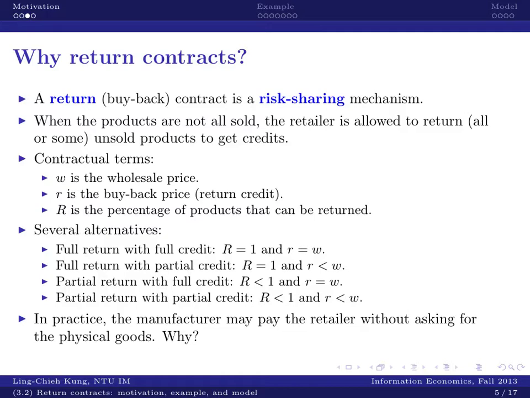The reason is that all the manufacturer wants is to use those return credits to motivate the retailer to order more. That's the whole reason. The manufacturer itself does not care about those physical goods. Please do not return those products to me because I don't want to spend any money to dispose of those products. Okay, that may be something in the manufacturer's mind.